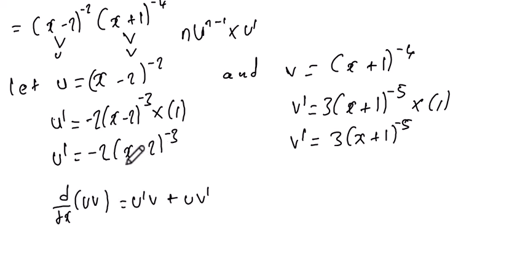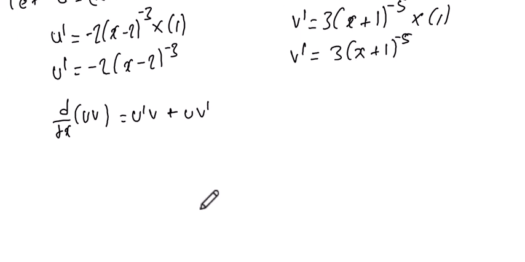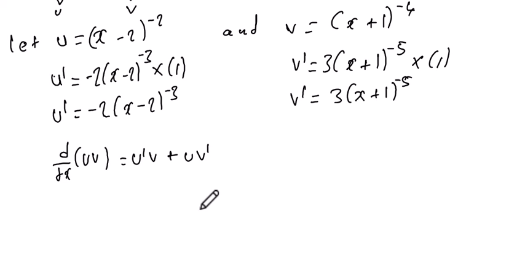So after we have differentiated the two functions u and v, we're now going to substitute into our formula, which is u prime multiplied by v plus u times the v prime. So we're going to replace. We know that our u prime is just negative 2x minus 2 to the power negative 3, multiplied by our v function.